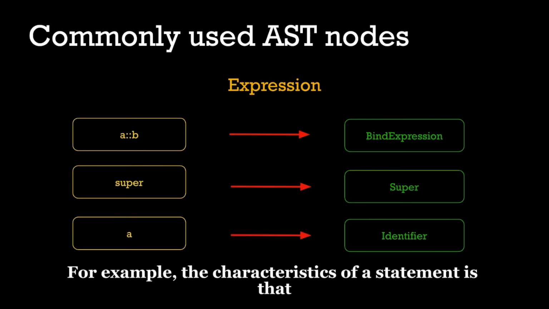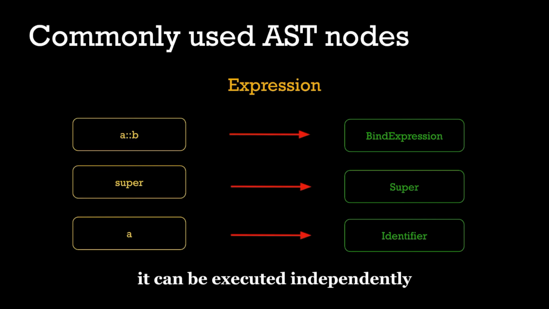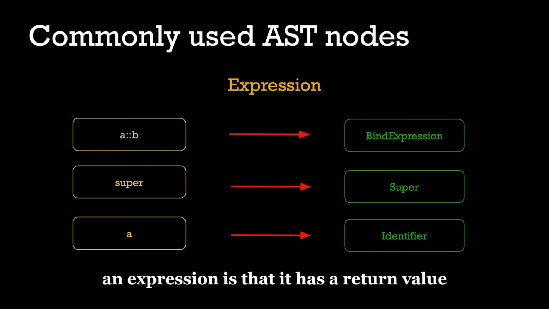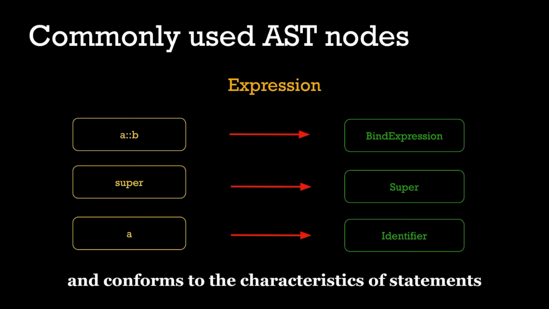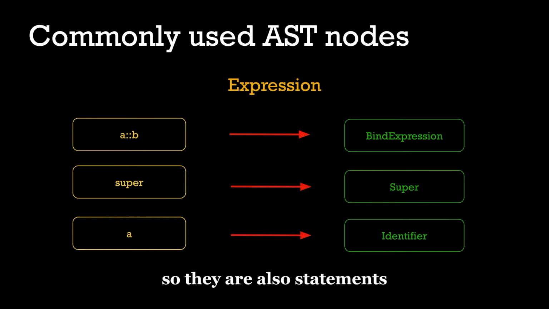For example, the characteristic of a statement is that it can be executed independently, and of an expression is that it has a return value. So some expressions can be executed independently and conform to the characteristics of statements. So they are also statements, such as assignment expressions, array expressions, etc.